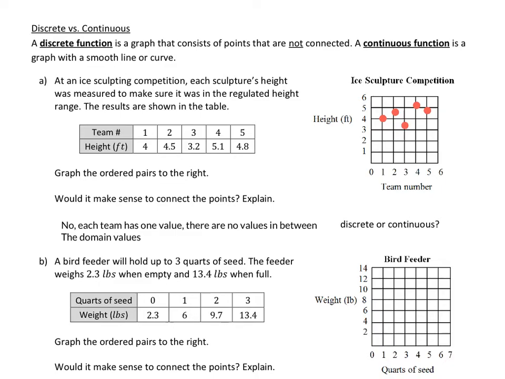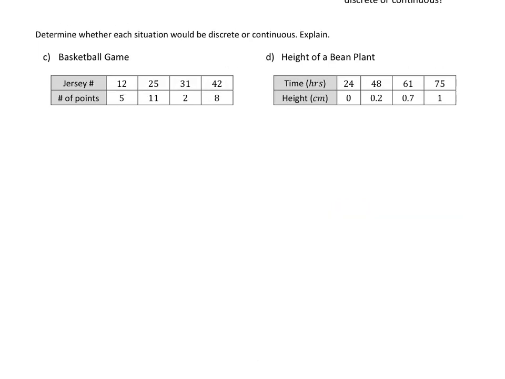And now, is it discrete or continuous? Well, we don't have a smooth curve connecting this, so it would be discrete. Try letter B on your own. I'm going to skip letter C. I want you to do that one on your own, but I want you to see letter D first.